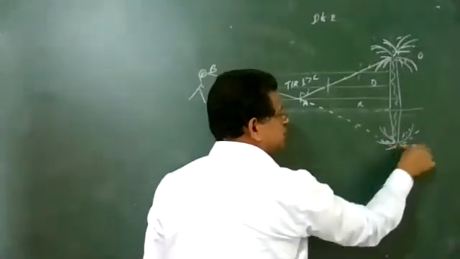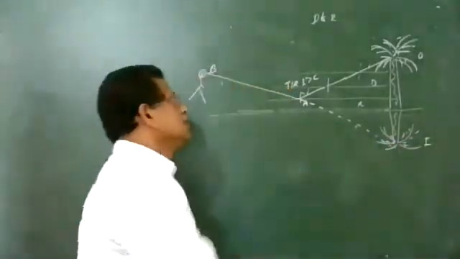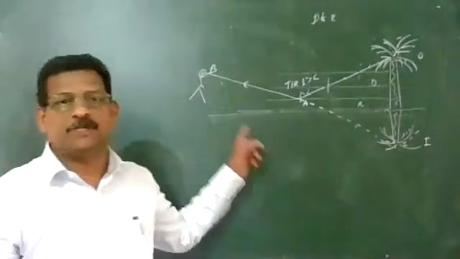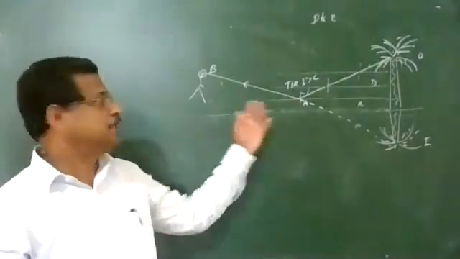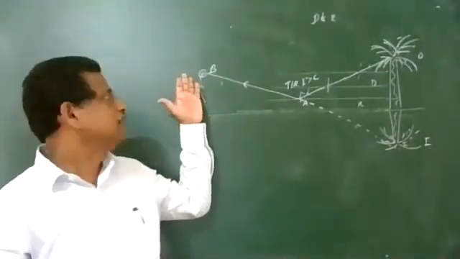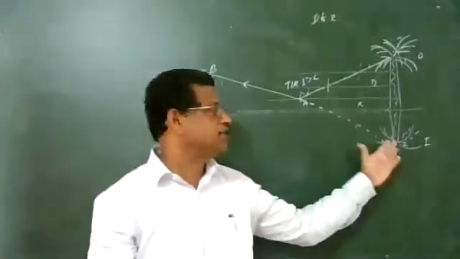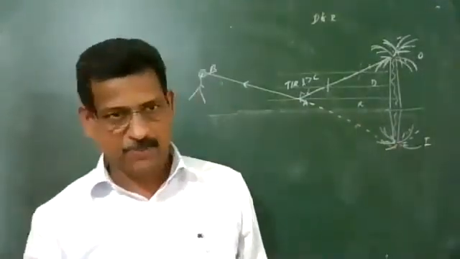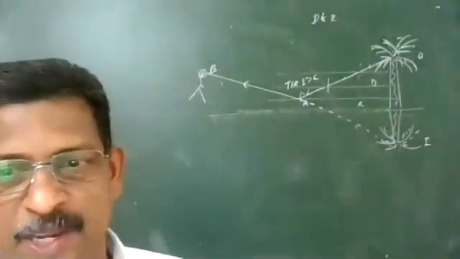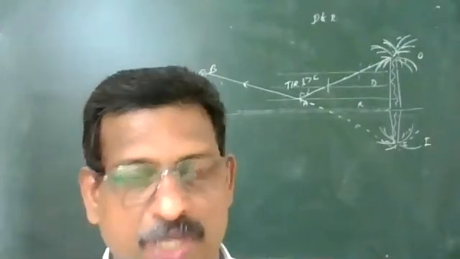The rays are coming to the observer here and appear to come from a point I. So the inverted image of the object is observed.